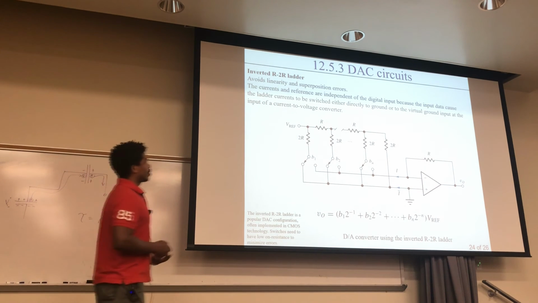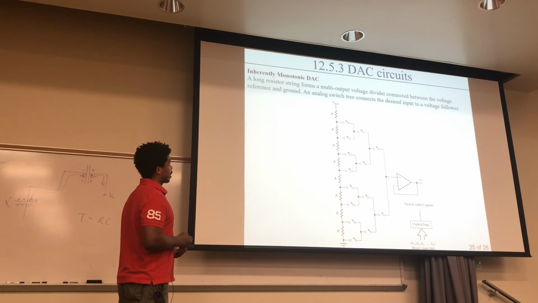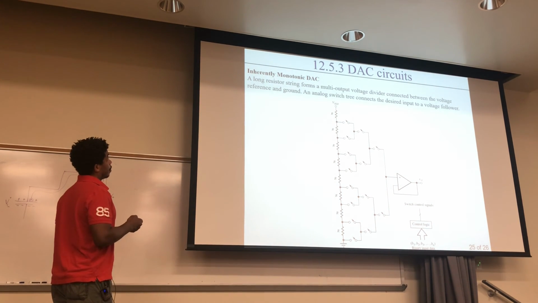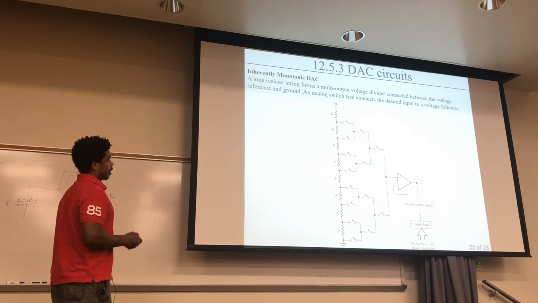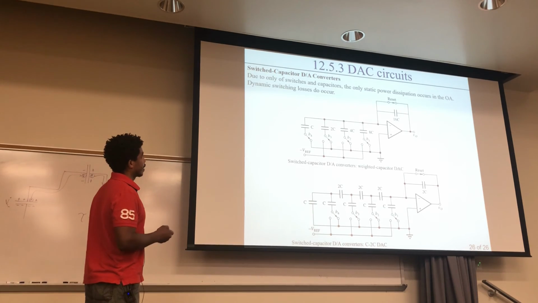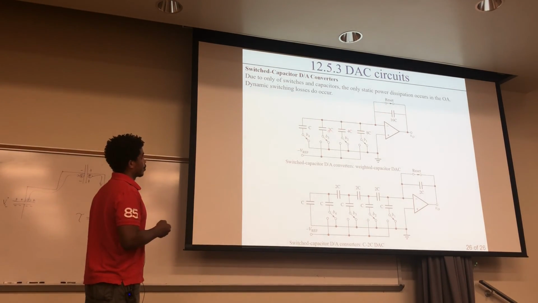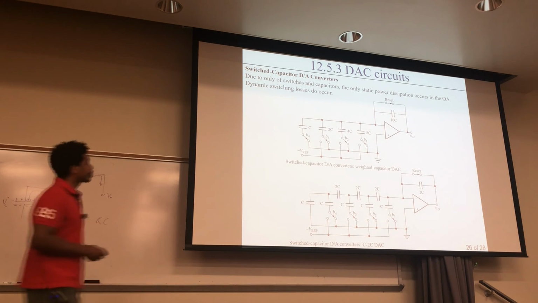Of course, you can always convert these things to just switches like this. Here's an inverted monotonic DAC. And you could use switching capacitors like this, where you just have capacitor circuits doing your switching.